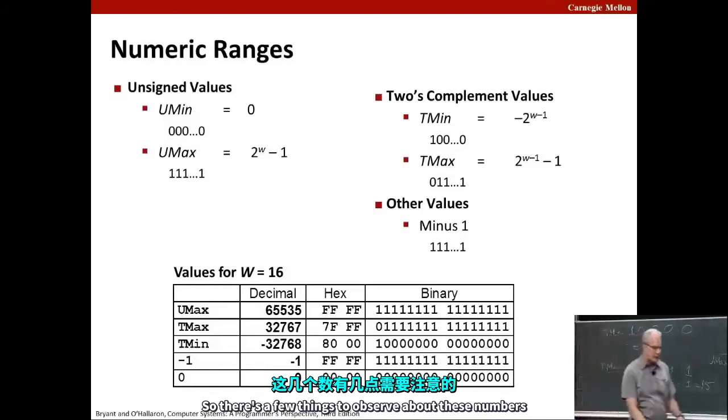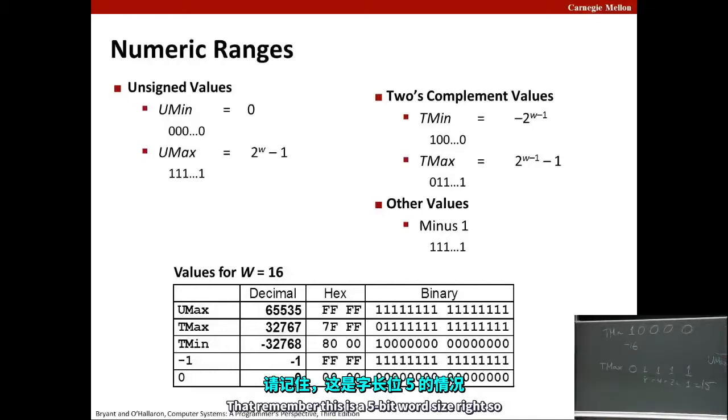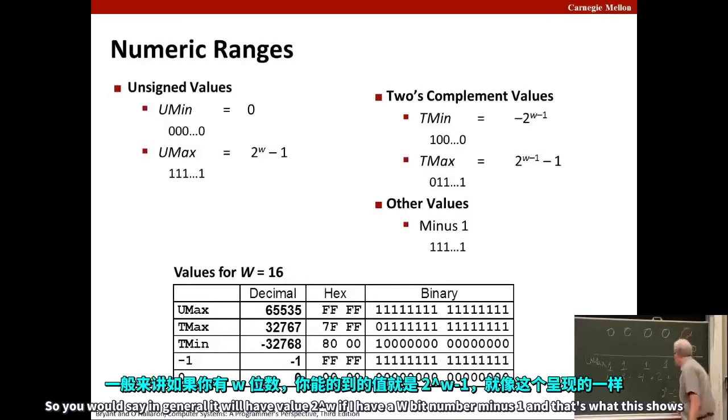So there's a few things to observe about these numbers. Remember, this is a 5-bit word size, right? So you'll see that 31 is pretty close to 32. In fact, it's 2 to the 5th minus 1. And in general, that's for a 5-bit word size, so you would say in general it will have value 2 to the W minus 1 if I have a W-bit number.